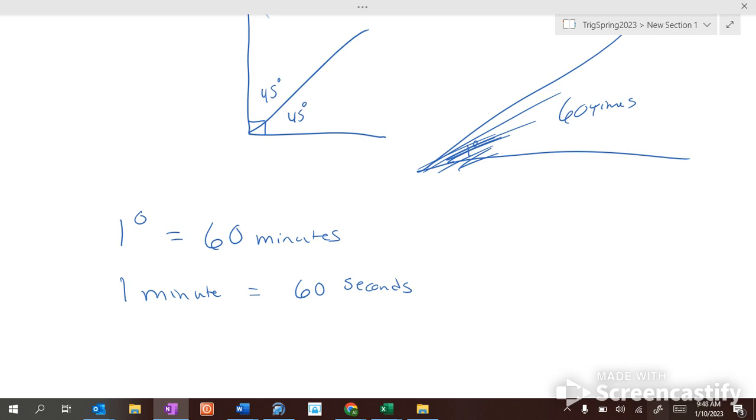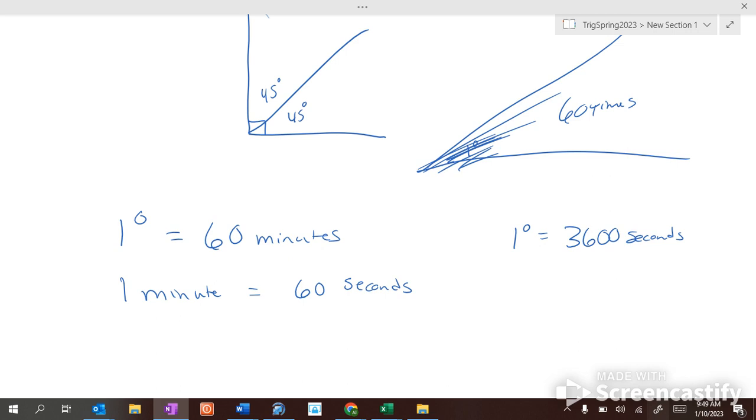If there's 60 minutes in a degree and 60 seconds in a minute, how many seconds are there in a degree? 3,600 seconds. So we can split up a 1-degree angle, which is a small angle, into 3,600 little tiny parts.